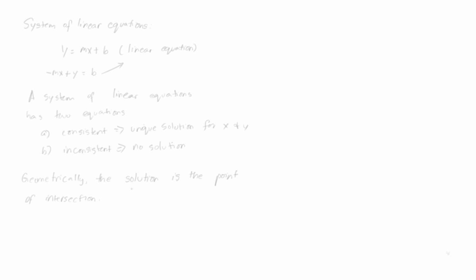So when you find the solution, you're actually finding the point of intersection of the two lines. The solution is generally obtained by two simple steps. First step is elimination, and the second step is called substitution or back substitution.